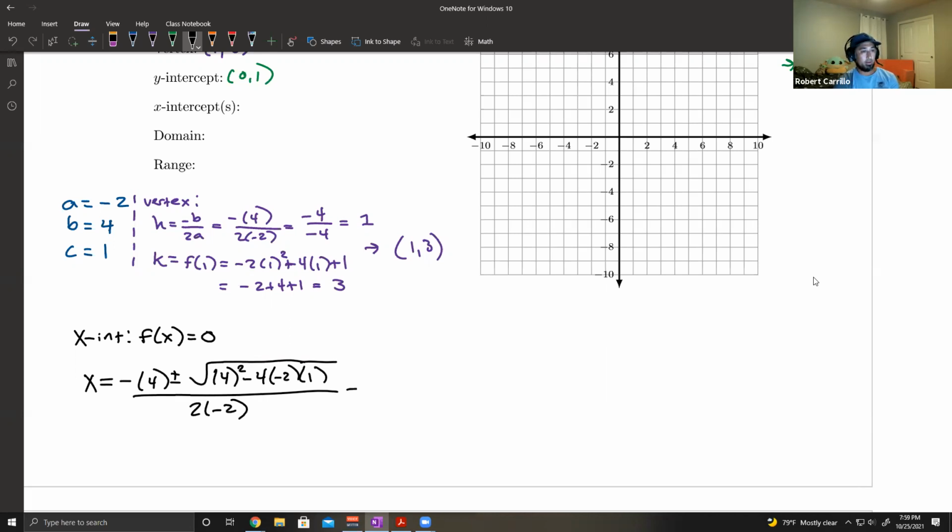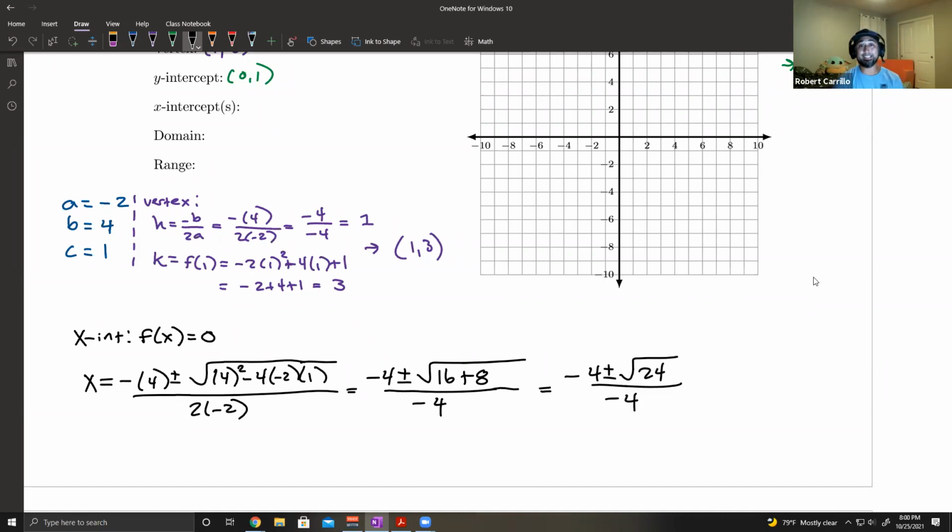Now this will give me -4 plus or minus the square root, and that is going to be 16. And then that's -4 times -2. So that's 16 plus 8 and over -4.